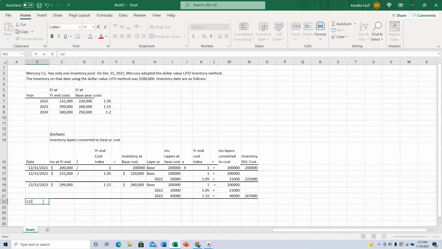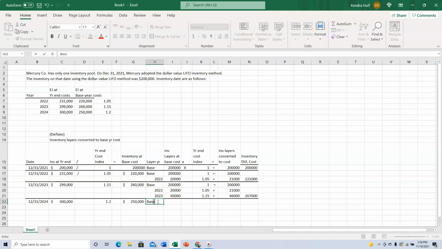Then we're doing 24. 24 is 300 divided by 1.2. Now look, it decreased by 10. So I'm not adding a layer for 2024. I'm actually going to take out of the layer for 2023.